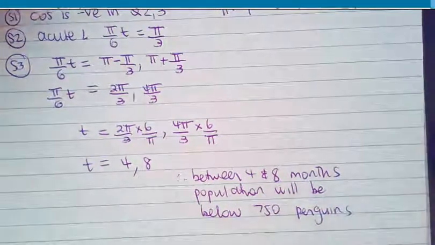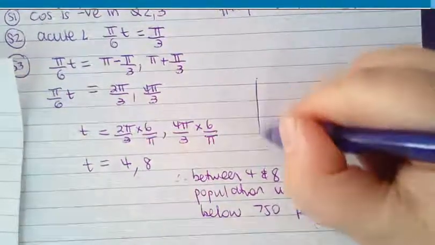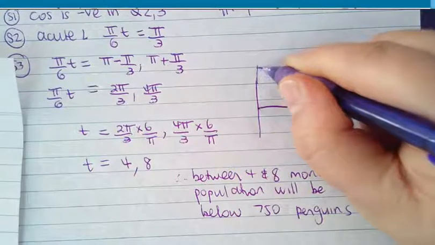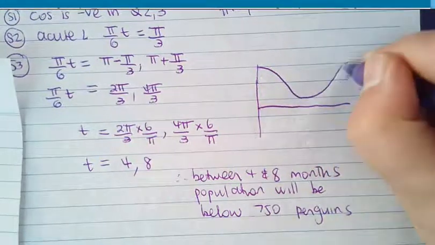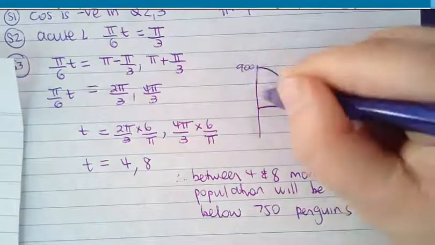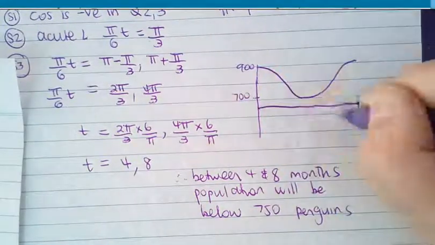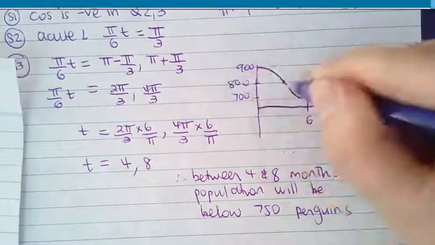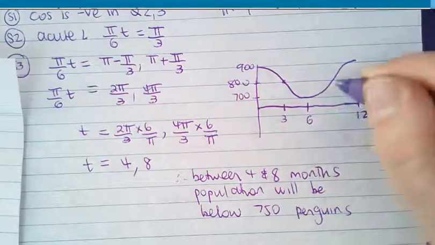We look at the graph. And I'll redraw the graph here, because this is what it looked like. We started at 900. I know my axis isn't that good, all right? So I've got 12 months. This is 900. This is 700. I know that's not a proper axis, all right? That's 6. 800 was there. This is 3 months at 800.